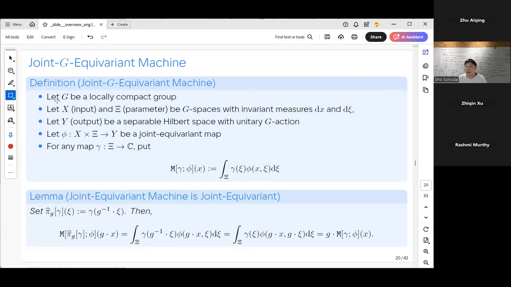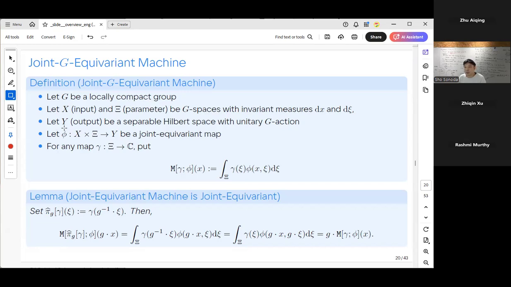Suppose G is a locally compact group. This assumption sounds technical, but it is needed to consider the integration on the group G. And suppose the input space X and the parameter space Z are G-spaces with invariant measures dx and dz.